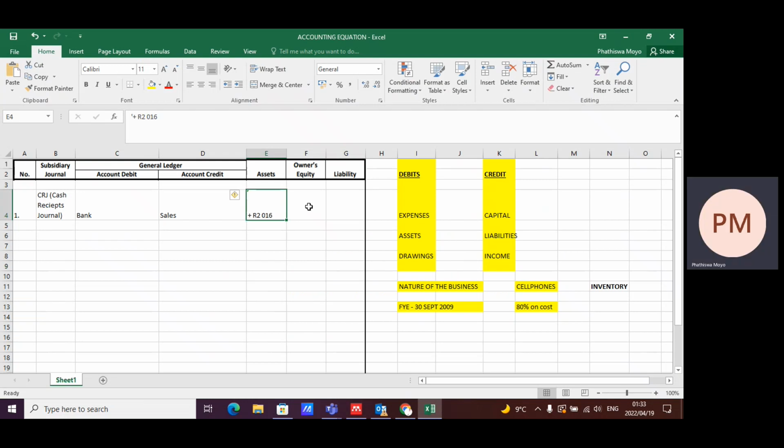We got the money in, so plus 2016, the sales have increased. Remember, income increases on the credit side. Assets, which is your bank, remember the examples I've given you guys. Go through the theory again if you're lost in this transaction. Assets will increase on which side? On the debit side.